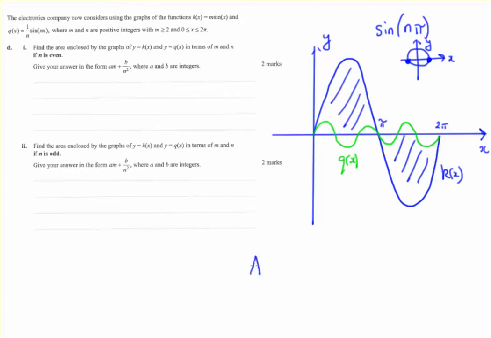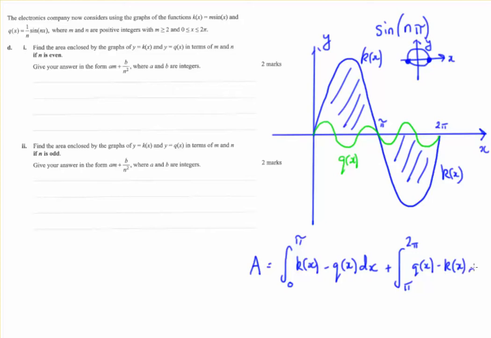So the area is equal to, and that's where that intercept is really important, the integral from 0 to pi of this top function here, k of x, so the top minus the bottom, k of x minus q of x, plus the integral from pi to 2 pi of q of x minus k of x.